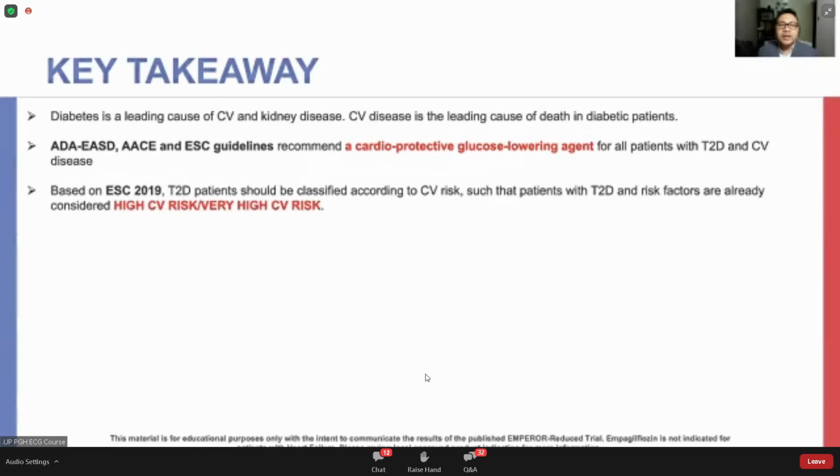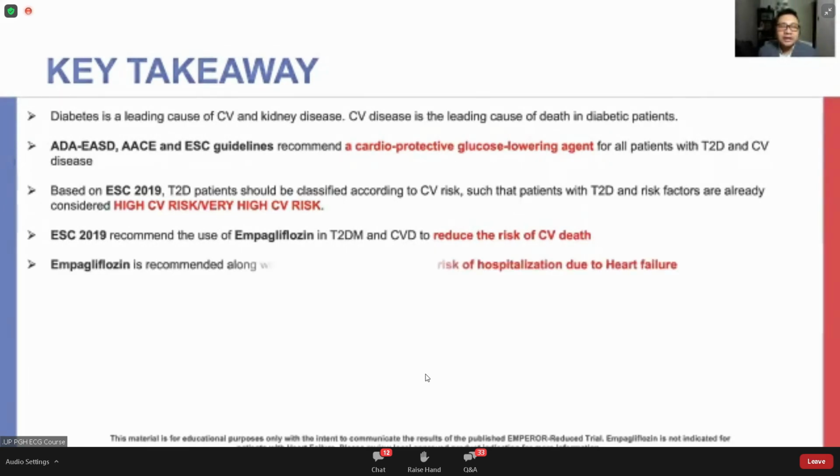And in the 2019 guideline, patients should be classified according to CV risk in terms of being high or very high risk. And it was only empagliflozin that was able to show a significant reduction in CV death, and it was the only one recommended in the ESC 2019 guideline.